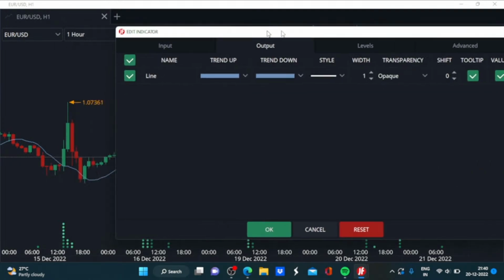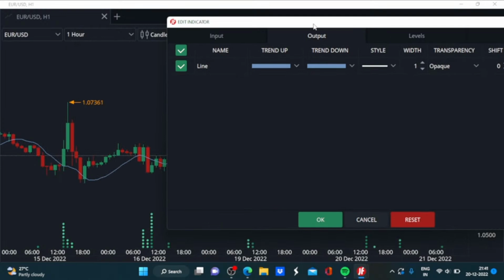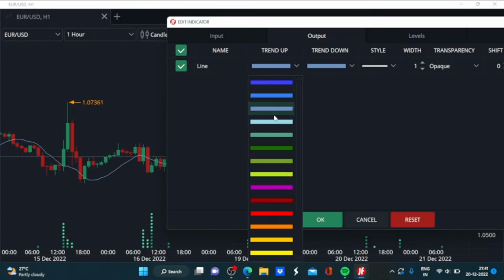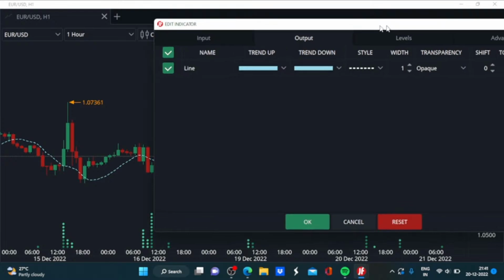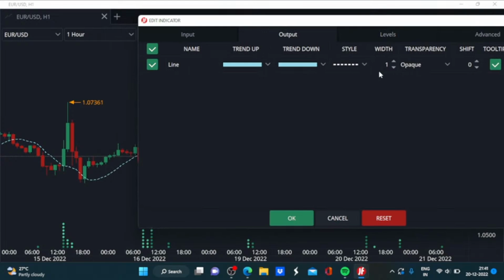All right. Now coming to the customization of the output value. You can go for different color combinations of your choice. All these color combinations are available to you to work with, and you can figure out the color combination and then decide to go for the one of your choice.